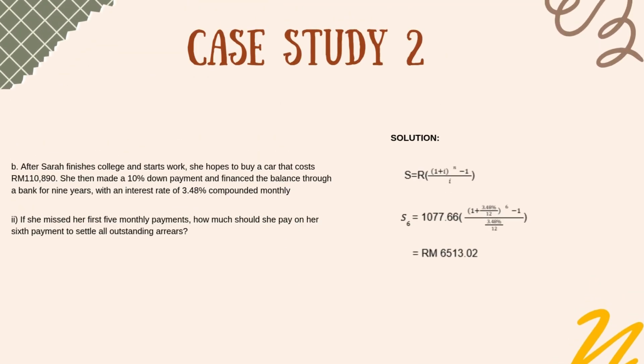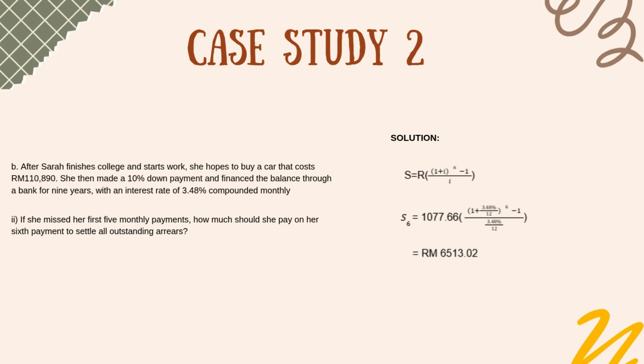Point 2. If she missed her first 5 monthly payments, how much should she pay on her 6th payment to settle all outstanding arrears? We use the future value formula for an ordinary annuity, which is S equals R multiplied by [(1 + i)^n minus 1] divided by i.